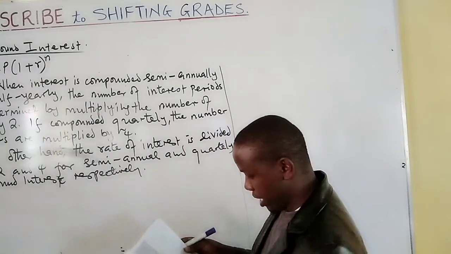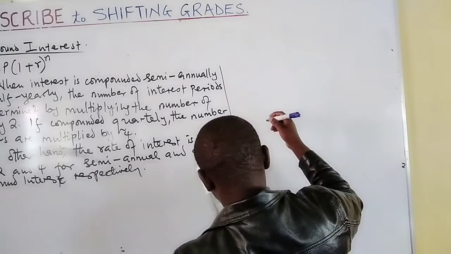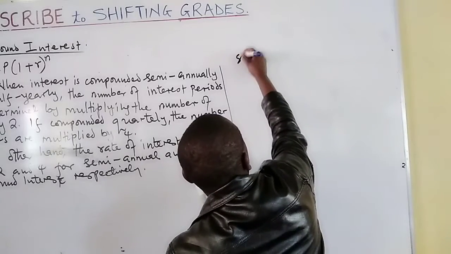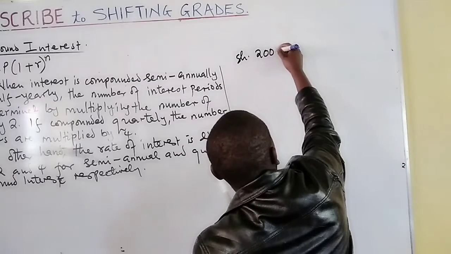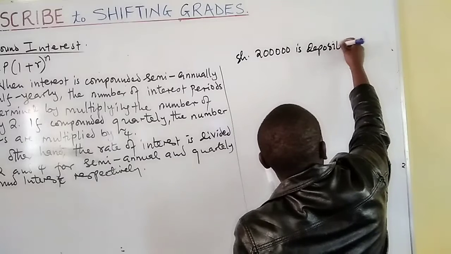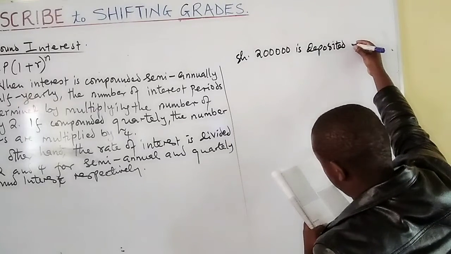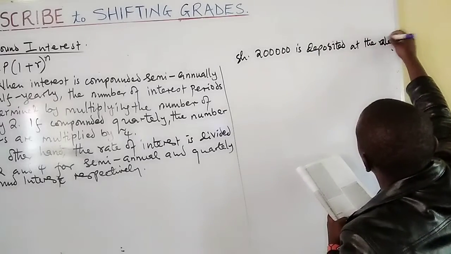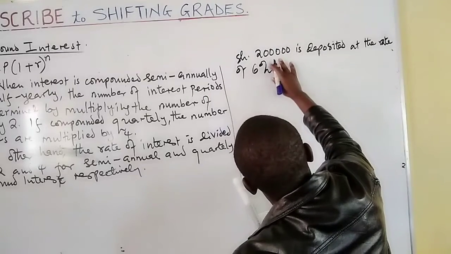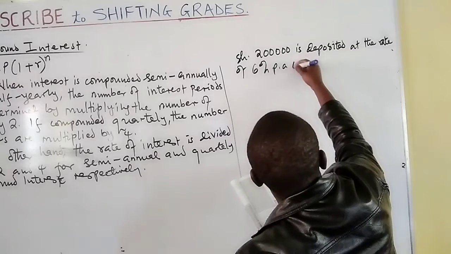Okay, we are told 200,000 is deposited at the rate of 6% per annum compound interest.